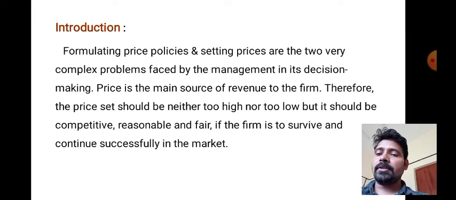Therefore, the price set should be neither too high nor too low, but it should be competitive, reasonable, and fair if the firm is to survive and continue successfully in the market. Therefore, the price should be at an optimum level which is competitive, reasonable and fair. Neither consumers nor sellers should lose.